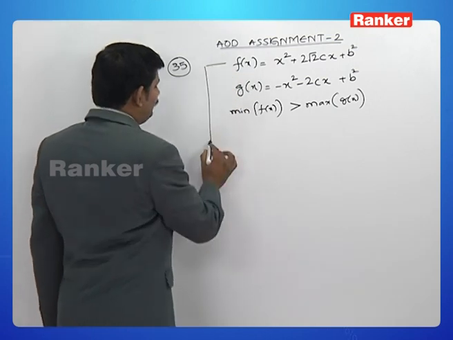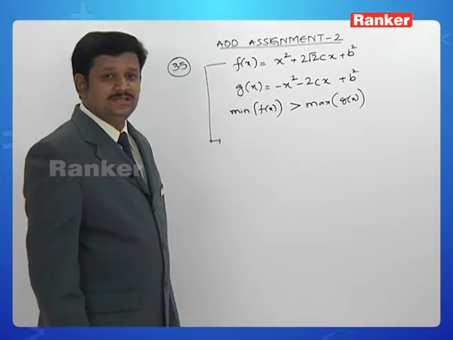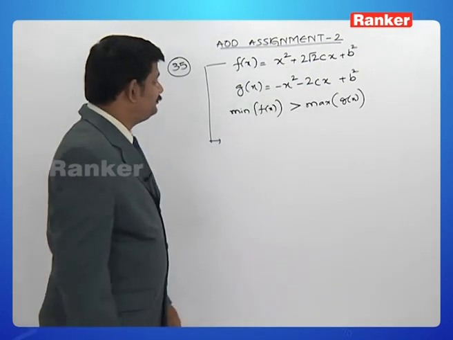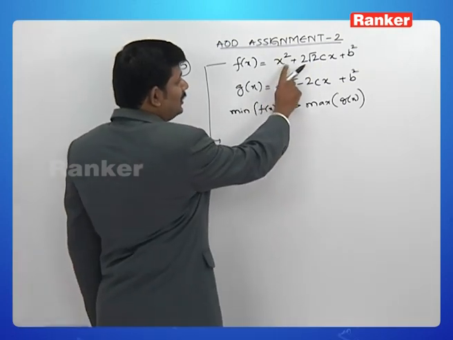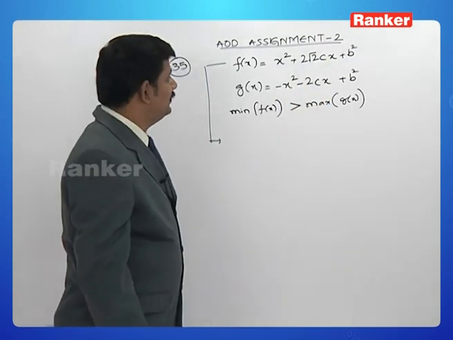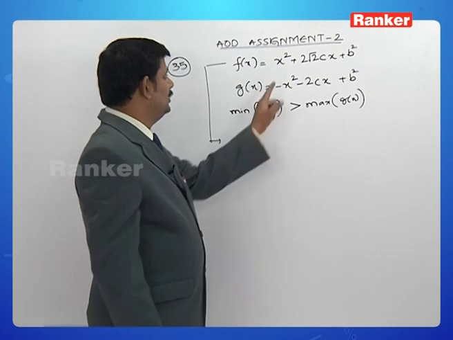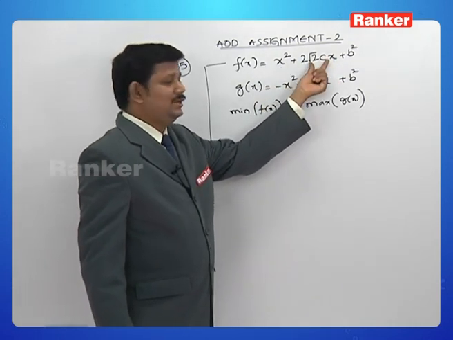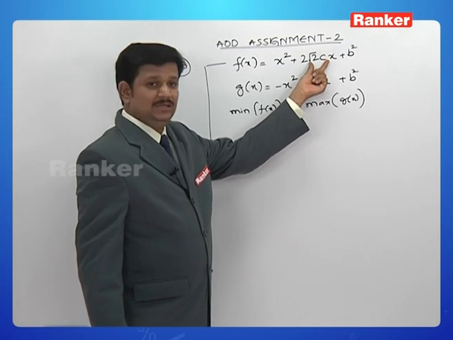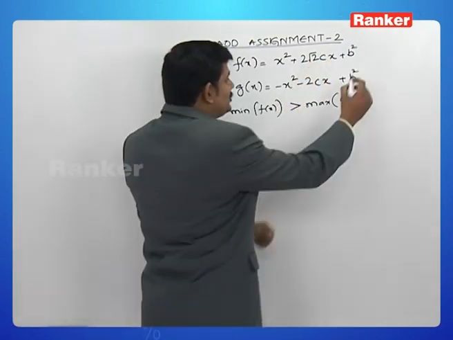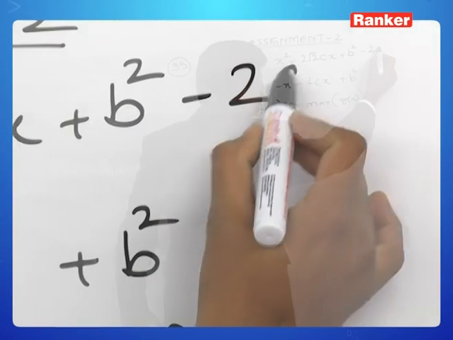Another alternate way of finding greatest and least values of these functions is, you can see this as x square plus 2 root 2 cx. Look at the formula of a plus b whole square: a square plus 2ab, with b equal to root 2 c. Let me add and subtract root 2 c whole square, which is 2 c square.